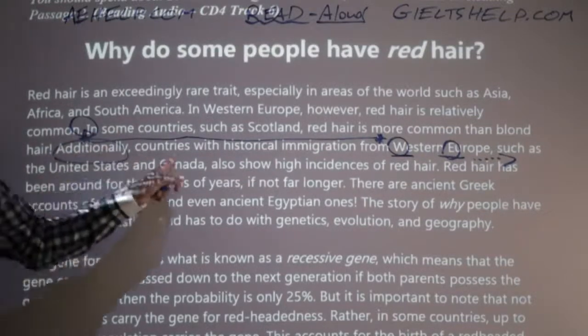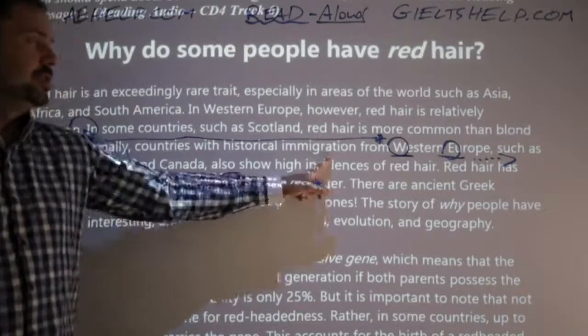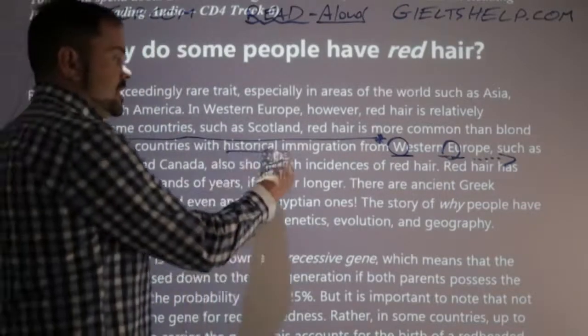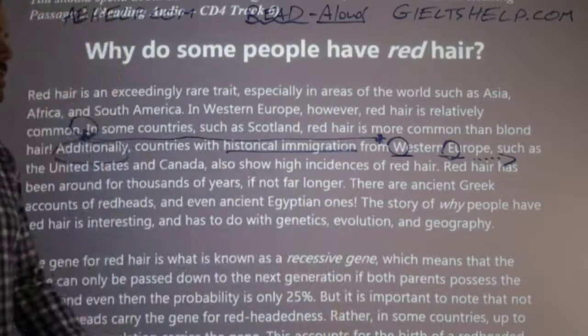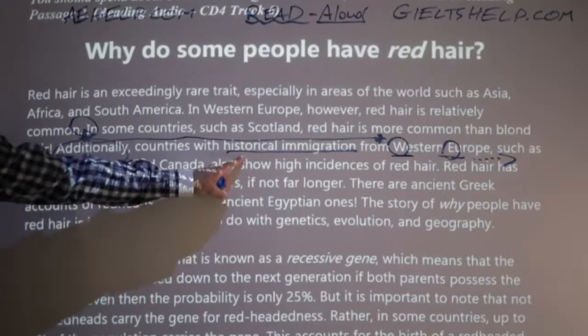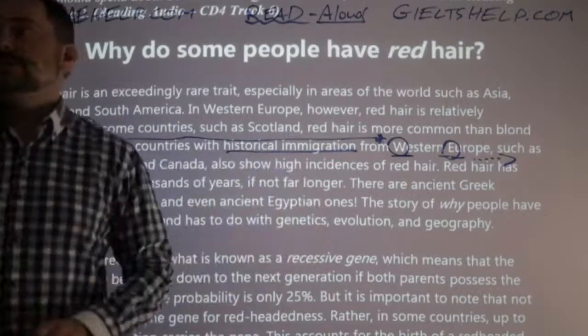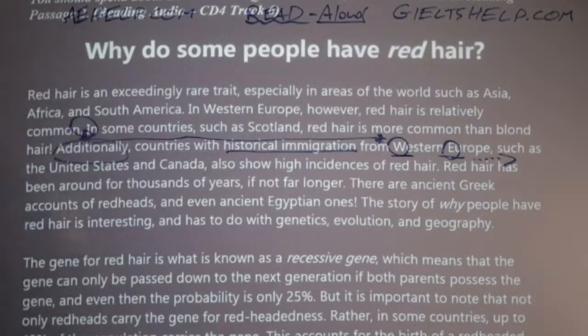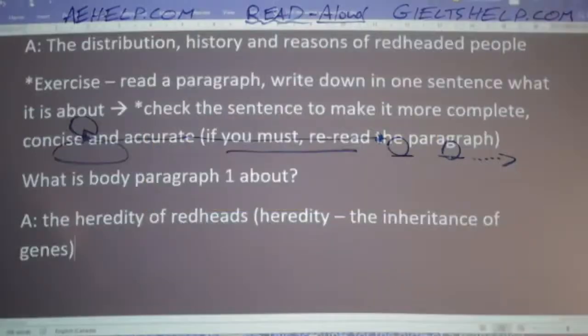Additionally, countries with historical immigration from Western Europe. Now, because it says 2 words, I would actually take both the adjective historical and immigration. Just to be on the safe side, I would take both words here.